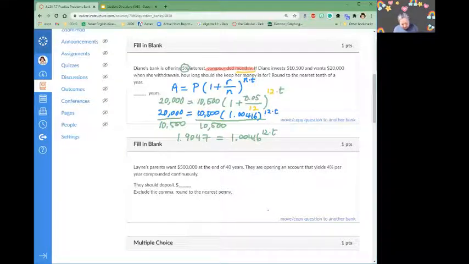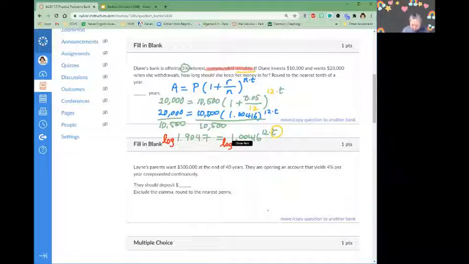Then the next step key will be, since the variable that we are solving for is the exponent of an exponential expression, the key is you have to take the common log of both sides.